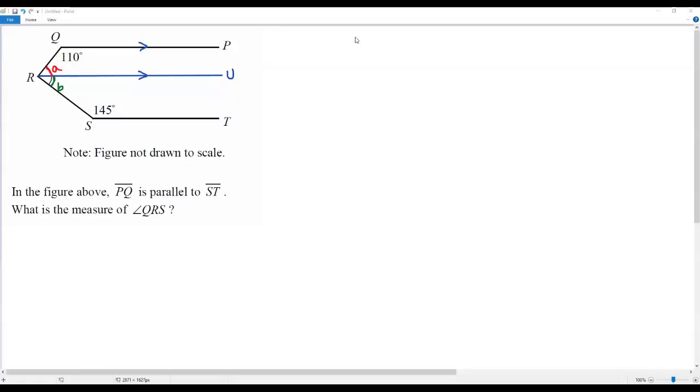So when I add the angle measure 110 and A, they must be equal to 180 degrees. Because here the two parallel lines are intersected by the transversal RQ, and these two angles are called consecutive interior angles and they are supplementary. So A plus 110 is equal to 180.